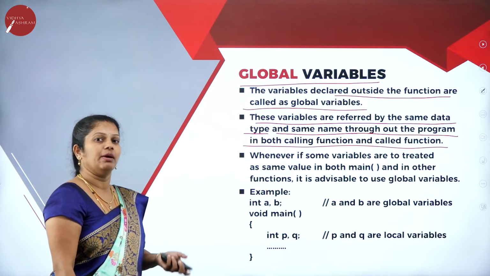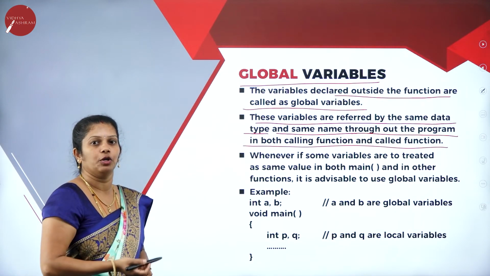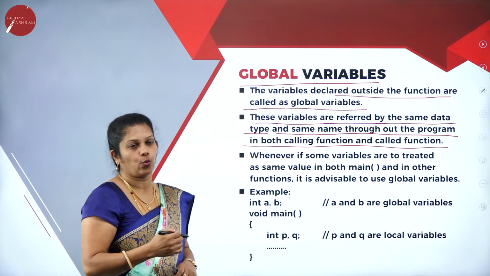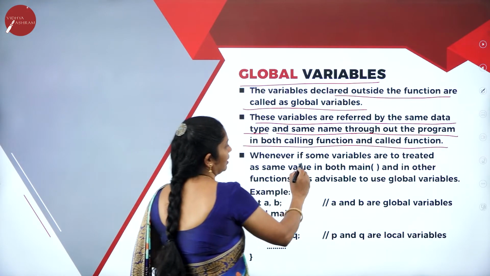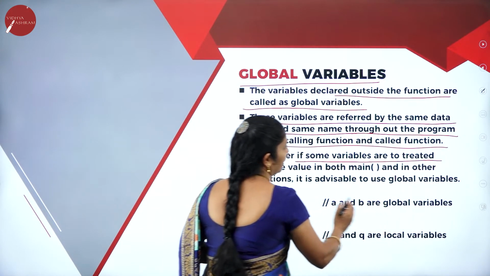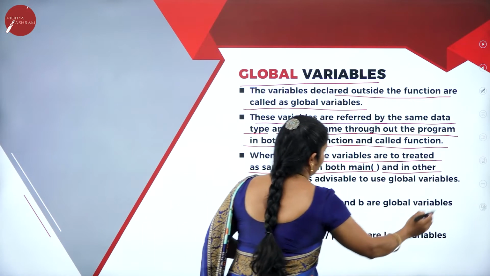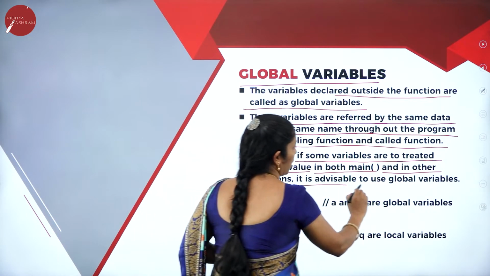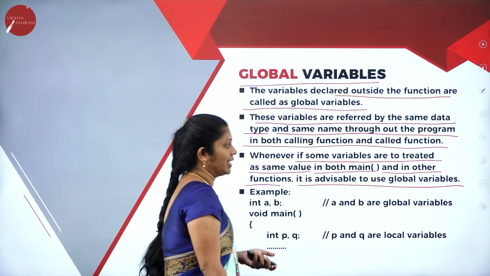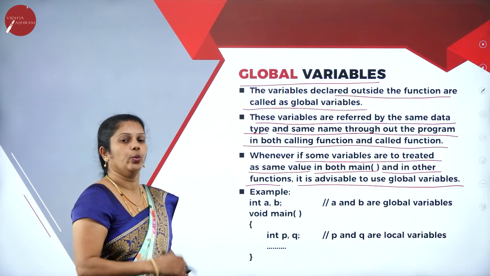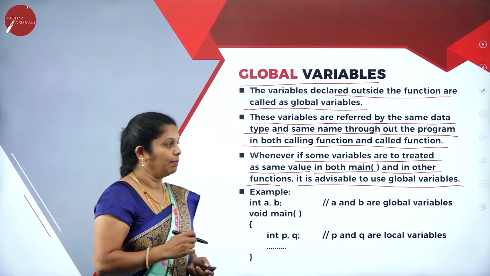Both in the main program as well as in the subprogram, we can use and access those values anywhere. Whenever some variables are to be treated as the same value in both main and other functions, it is advisable to use global variables.